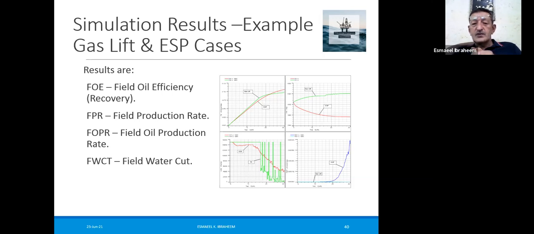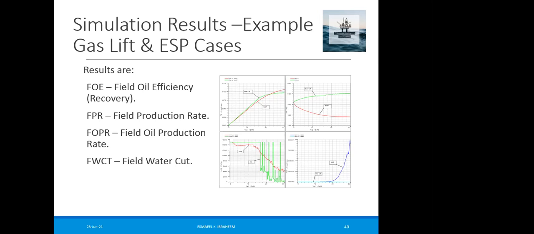The results show you the FOE, field oil efficiency, which is the recovery. This one is the top left one. And FPR, the field production rate. And the FOPR, field oil production rate.